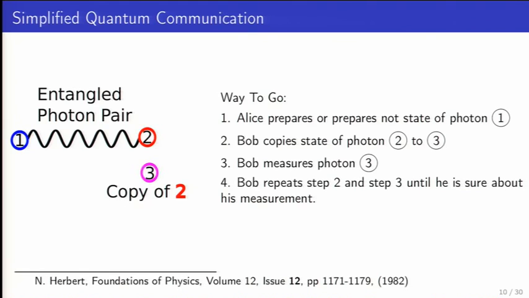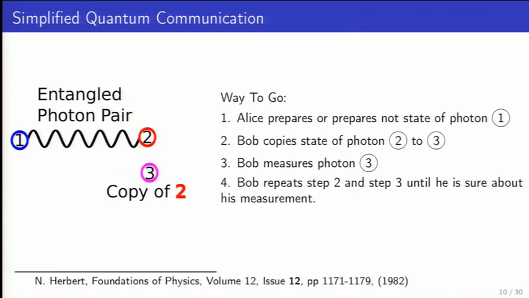Bob then copies the state of photon 2 to photon 3. Then Bob measures the photon 3, and as it is probabilistic, Bob repeats steps 2 and 3 until he's sure about his measurement.